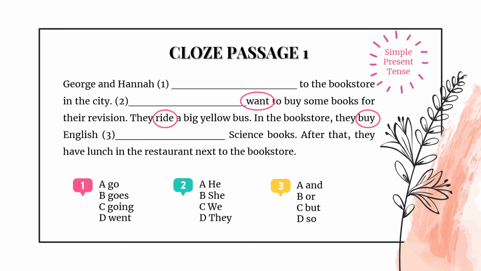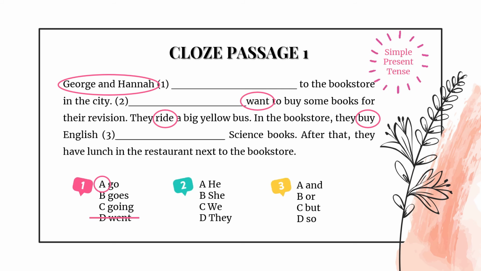So, look at question number 1. George and Hannah to the bookstore in the city. So, of course, D is wrong. So, which one is the answer? The answer is go, because George and Hannah, there are two people there, so the verb must not have S. So now we move to the next question, question number 2.